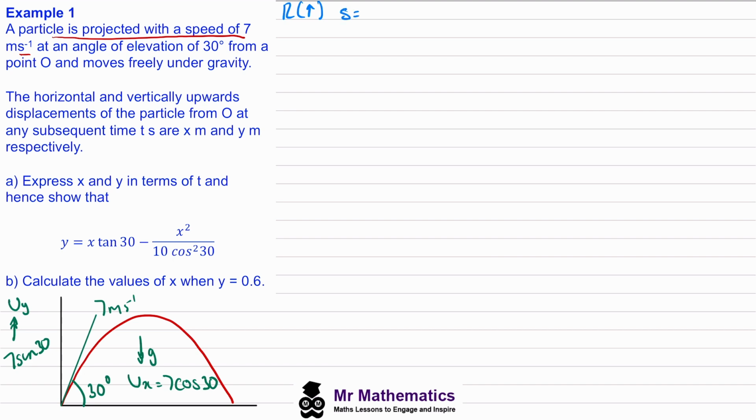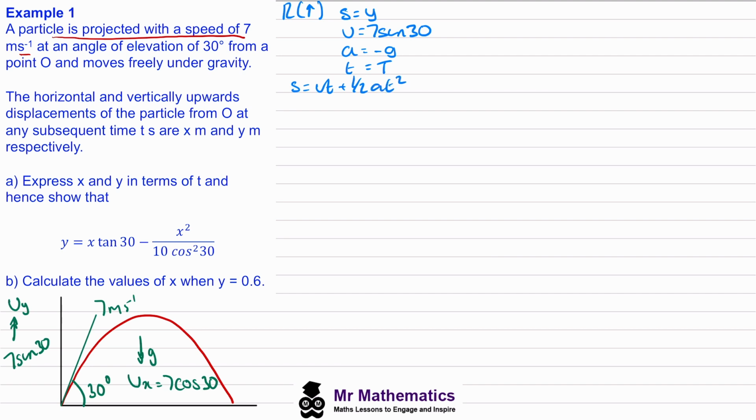So now if we look at resolving the motion vertically upwards, using our SUVAT, we know displacement is given as y, which is given here. The initial velocity we've just worked out as 7 sine 30. We know the acceleration is negative g, and the time we don't know, but we'll call this capital T. And because we're trying to come up with an equation involving y, we'll use s equals ut plus a half at squared.